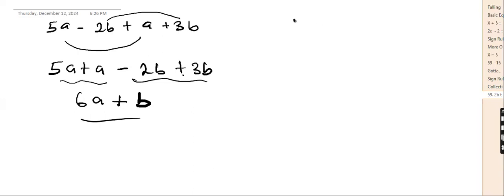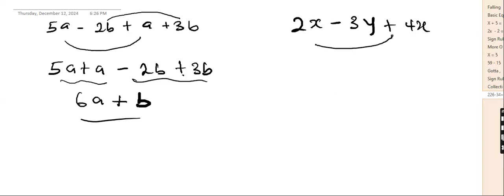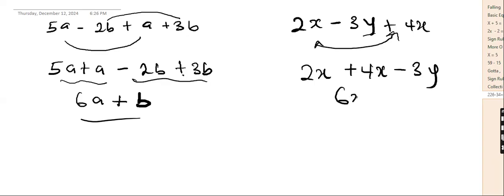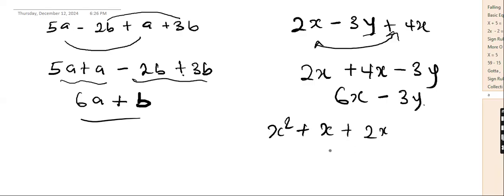So similarly, if we have 2x minus 3y plus 4x, we can take this together. So this is going to be with this one, right? And the y will be isolated. So we have 2x plus 4x. Then we have minus 3y. So in this case, we're going to have 6x minus 3y. And what if we have a situation of s squared plus s plus 2s? How do we take care of this?